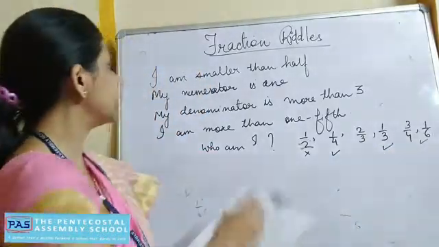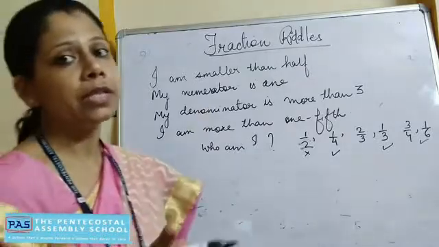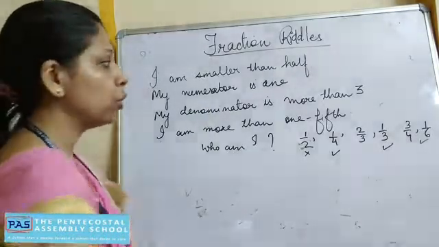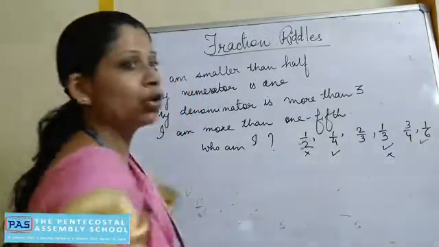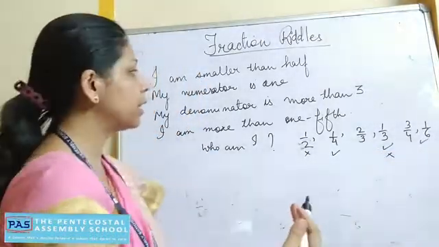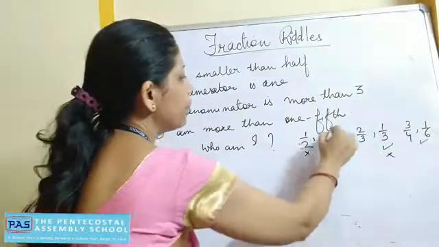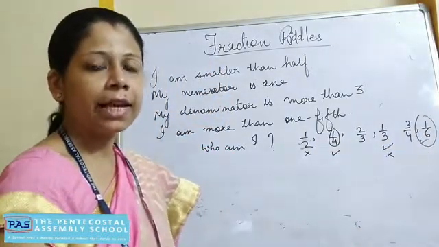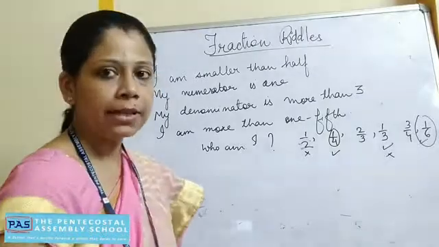Because the second clue says my numerator is 1. My denominator is more than 3. So it cannot be 1/3, because it is not equal to 3, it is more than 3. So it can be either 1/4 or 1/6. Clear? It can be either 1/4 or 1/6.